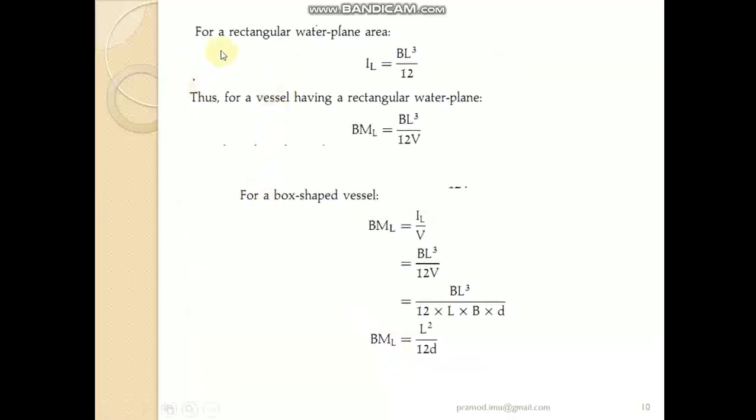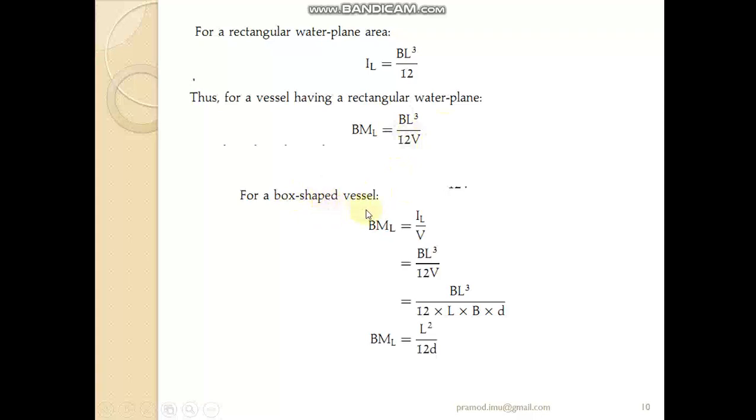So suppose for a rectangular water plane area, we know that IL is BL cube by 12 as per the formula. So for a ship with a rectangular water plane, BML will be IL by V, so that will be BL cube by 12V.